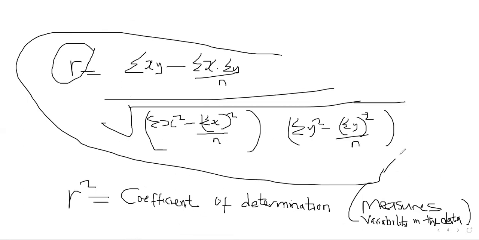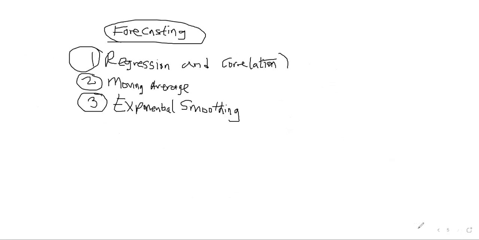Then we also have the coefficient of determination, which measures the variability in the data set that can be explained by the slope, the regression line. Then these are the three forecasting techniques that we need. So now we can get down to the problem.